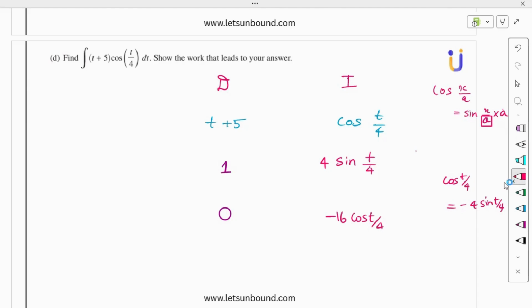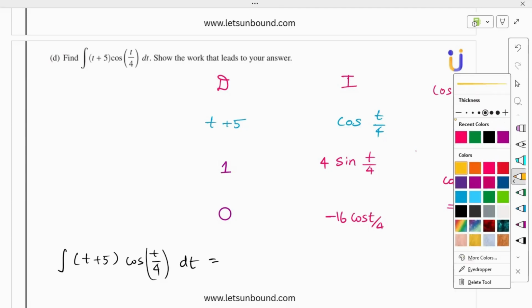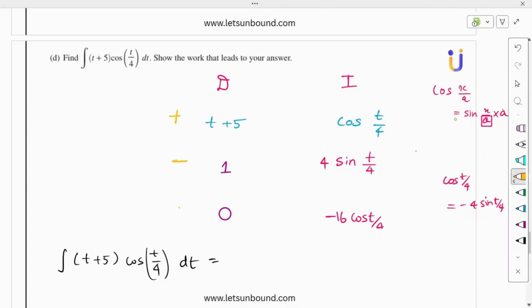Then what should I do? Put the integral. The integral of t plus 5 cos t over 4 dt equals, and one more thing, before DI put plus or minus, alternating plus and minus. That sign will also be carried. Then you draw the cross diagonals from left to right downwards.